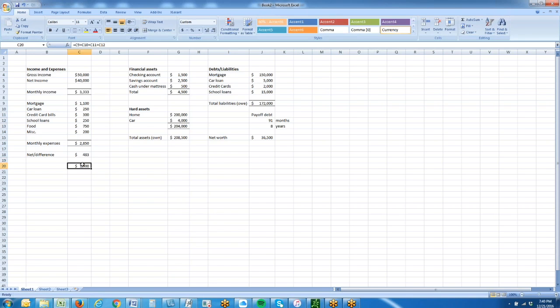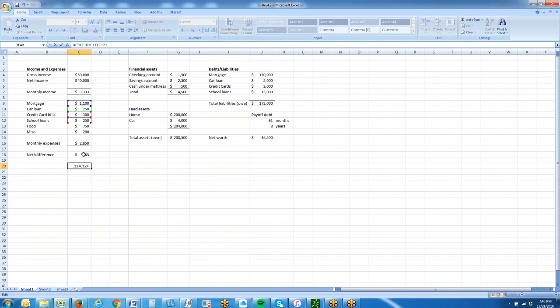But look at this. So we have our savings right now that's accumulating. So we can keep that savings and let it grow. But if we take that savings and actually use it each month to pay off our debt, let's see if it makes a difference in how long it takes to pay off our total debt.